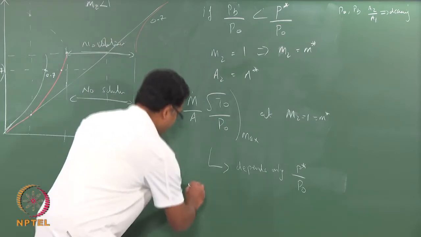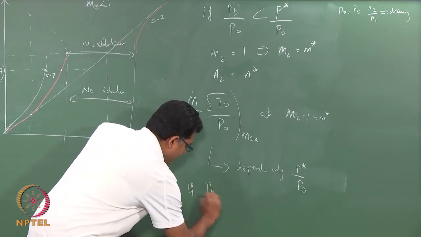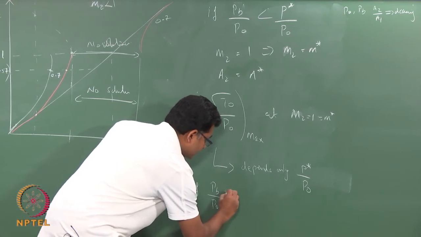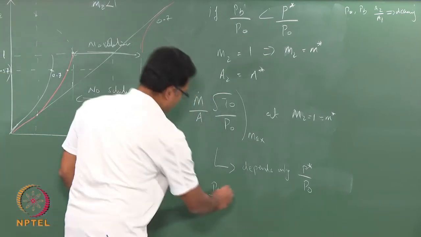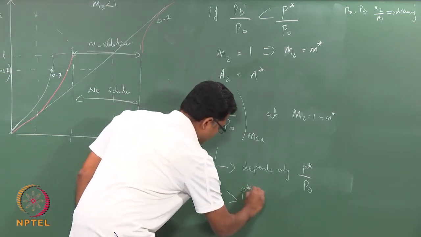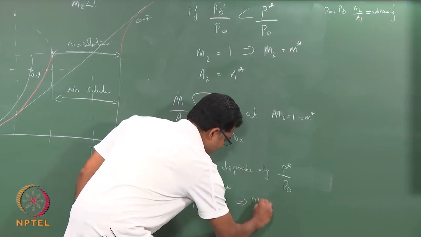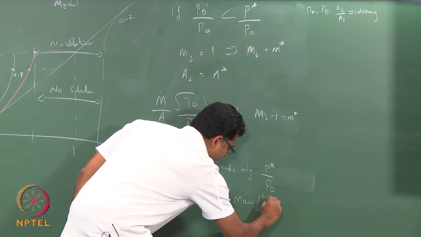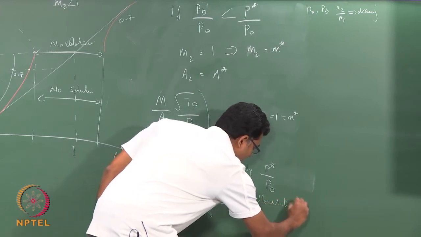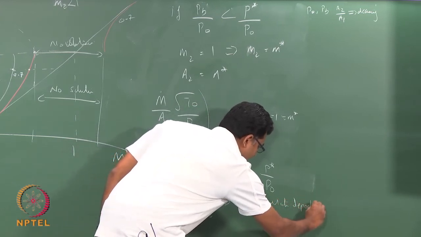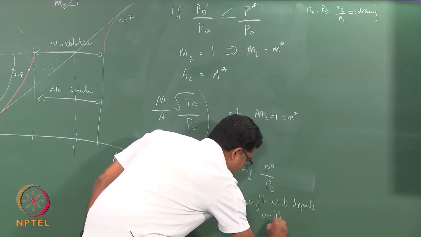So, if your Pb by P0 is greater than P star by P0, then your mass flow rate depends on Pb by P0.